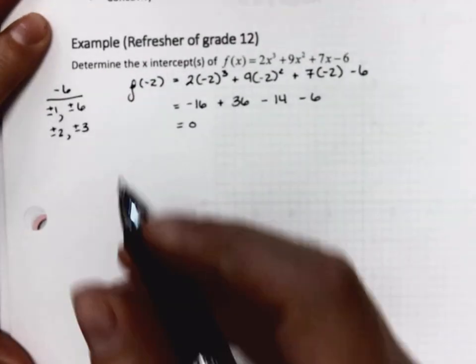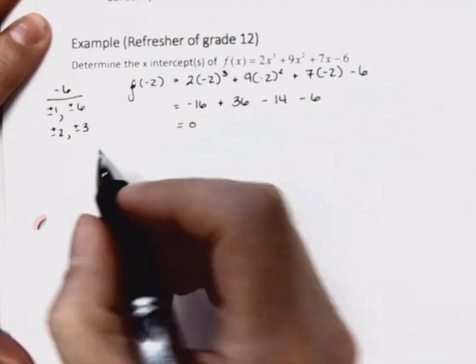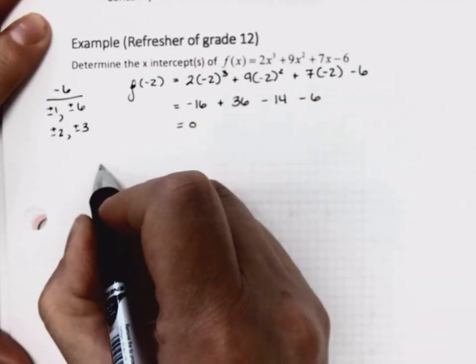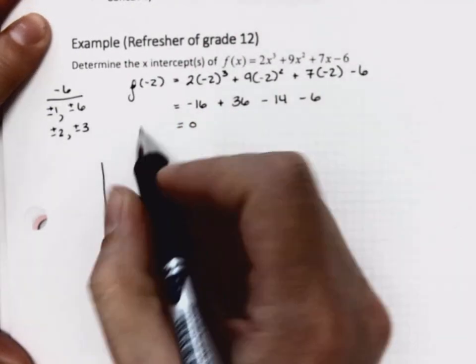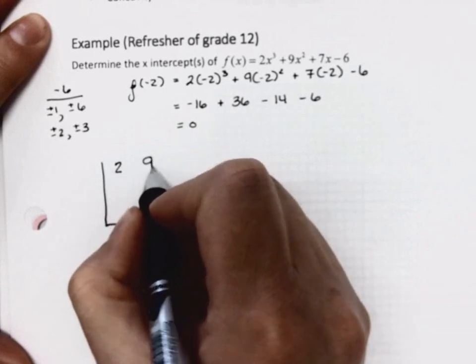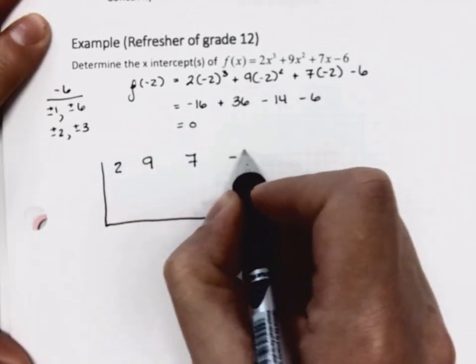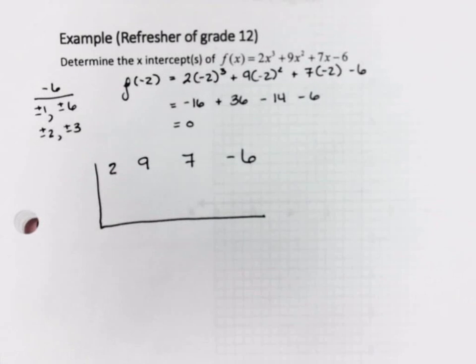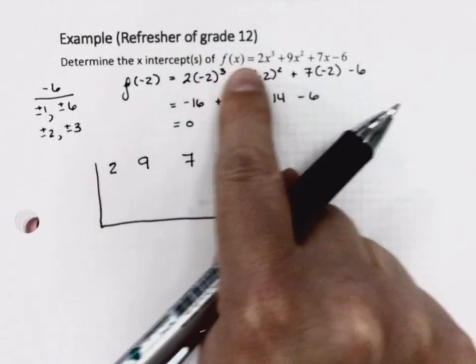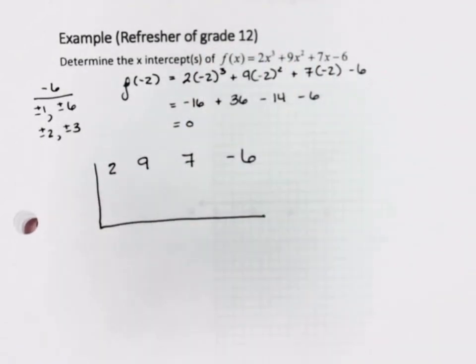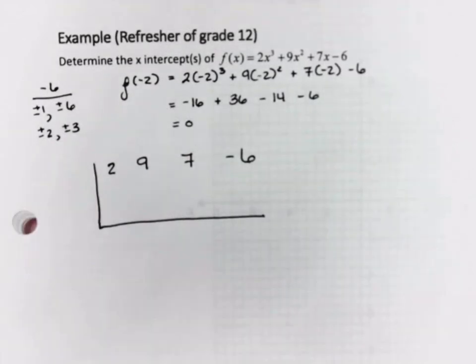Inside the box is going to be 2, 9, 7, -6. What has to happen to this function? It has to be in descending order based on exponents, and if you're missing any exponents, you have to put a 0 in. And then what's the number outside? -2.